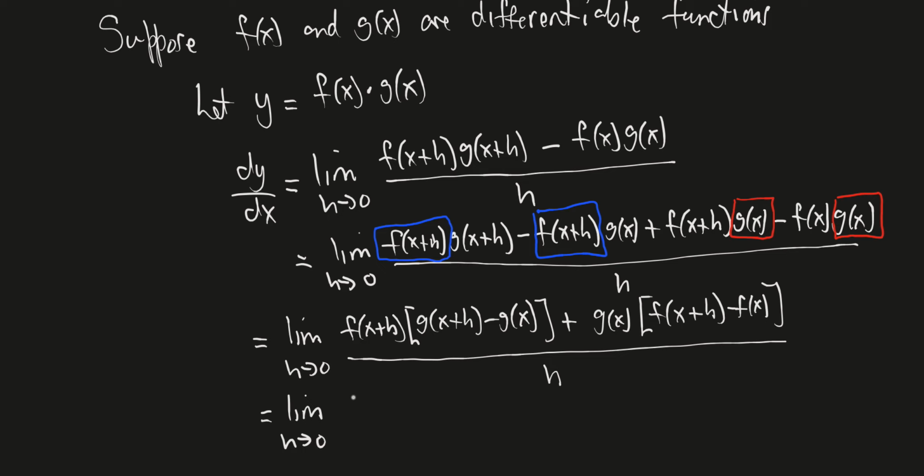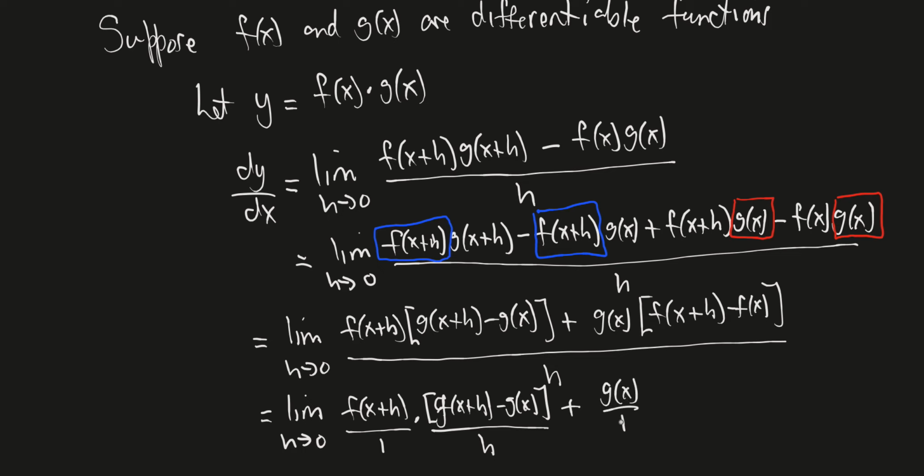So I can write this as f of x plus h, and I'll put this 1 over 1 so you can see it clearly, and then times what I have in square brackets, the g of x plus h minus g of x, and then all over h, and then do the same thing with the second term, plus g of x over 1, and then I'll have again what's in square brackets, the f of x plus h minus f of x all over h.